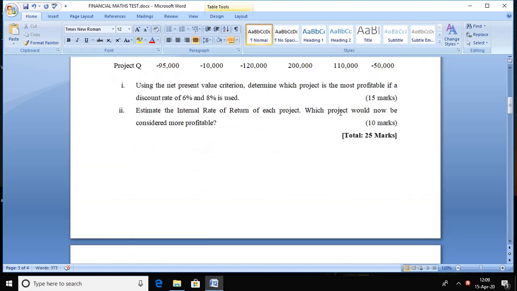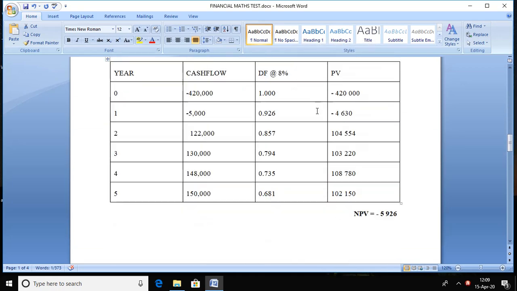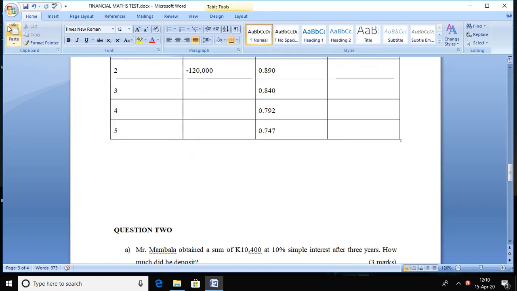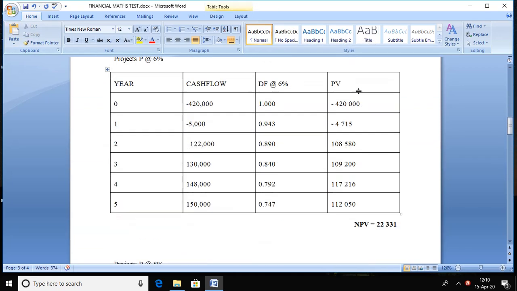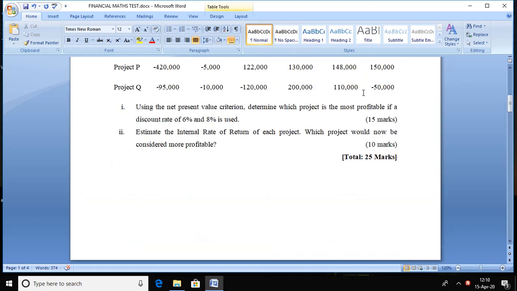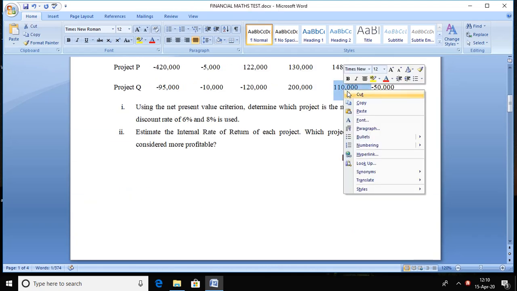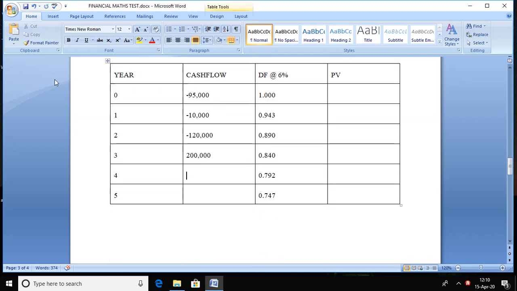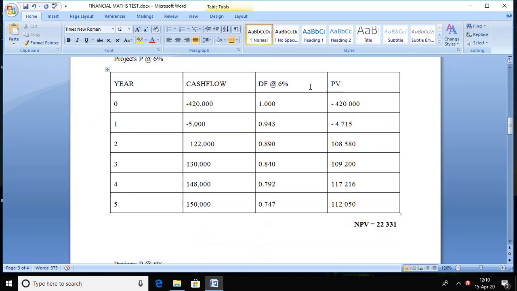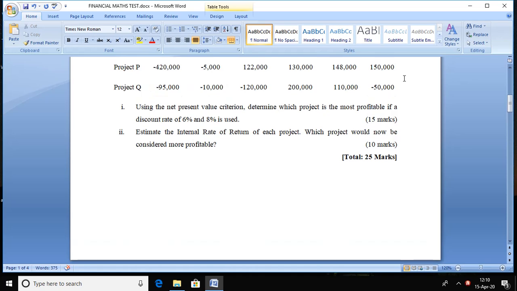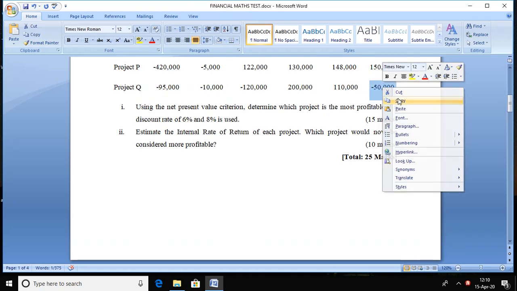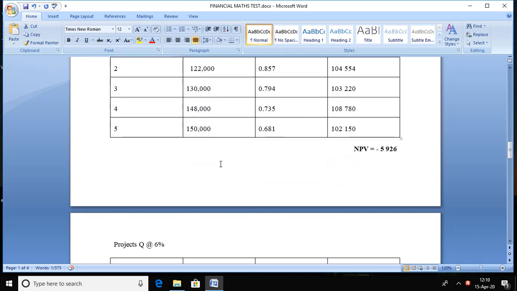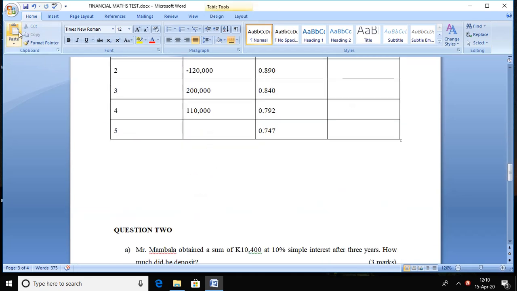The next is a 200,000 net cash flow, followed by 110,000 net cash flow. The last one is a negative 50,000. It's a loss of 50,000 in year 5 for Project Q. So let's bring down that one.